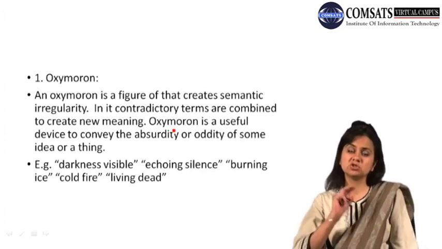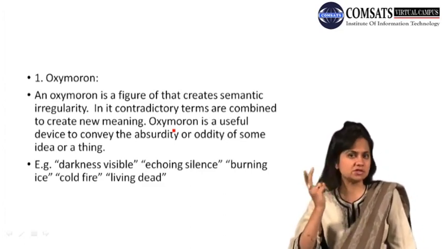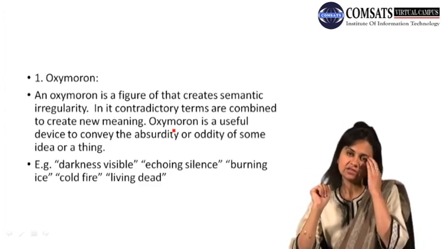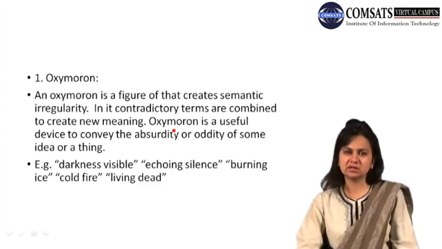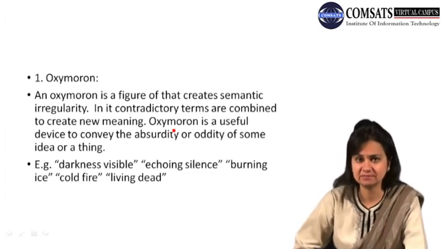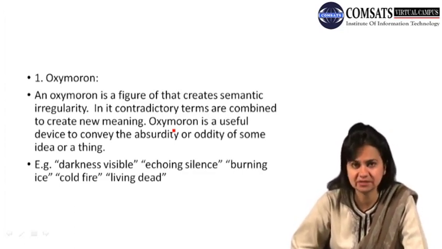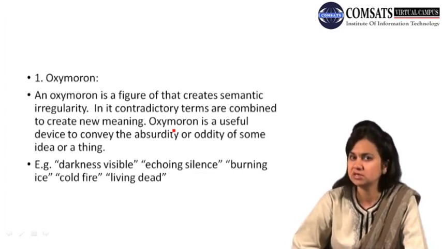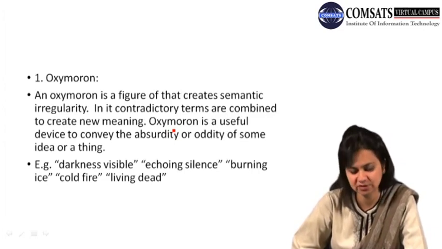Oxymoron is joining two words of opposite or contradictory meaning. For example, darkness visible. The phrase darkness visible is combining two opposite things. Darkness cannot be visible. It is where you lose visibility or sight. So this is how it becomes an oxymoron, because here the writer has combined two words which contrast with each other.